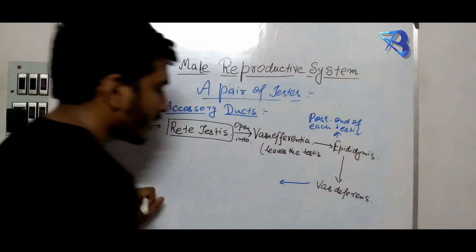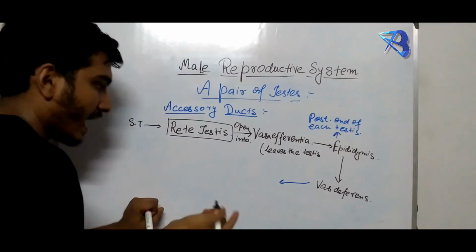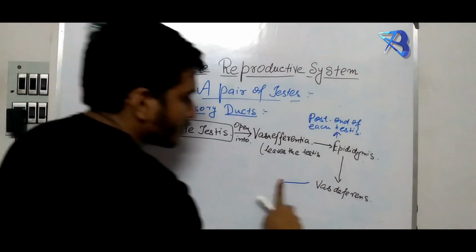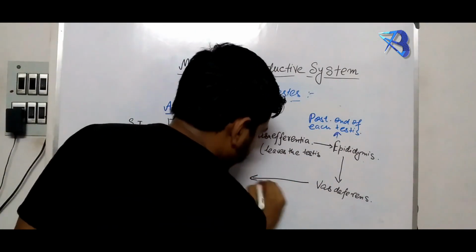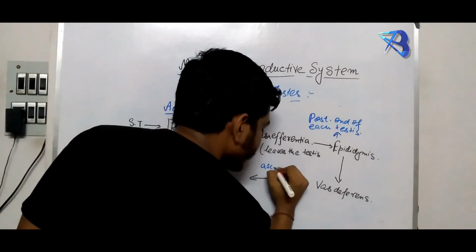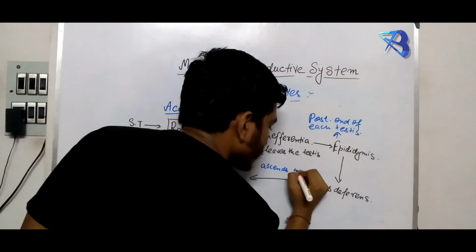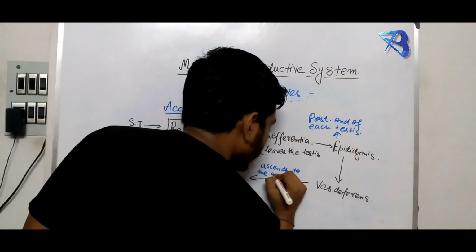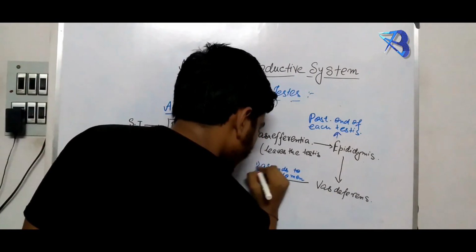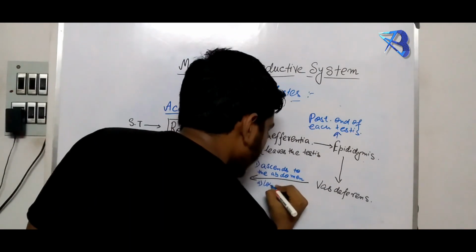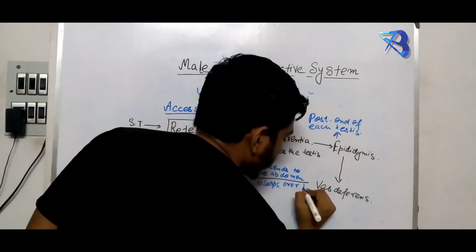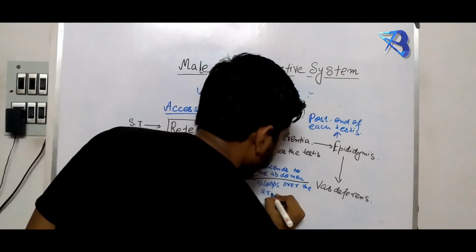The vas deferens first ascends to the abdomen, and second, loops over the urinary bladder.